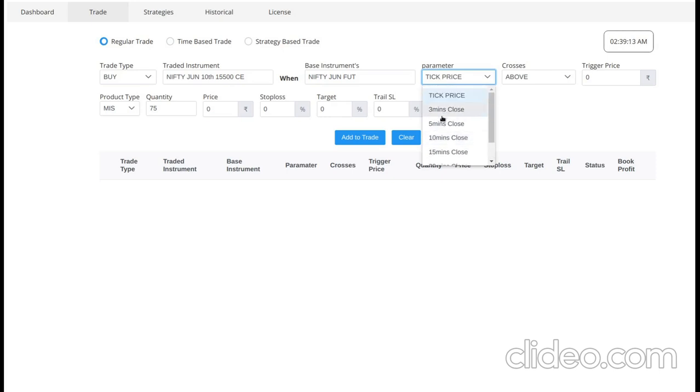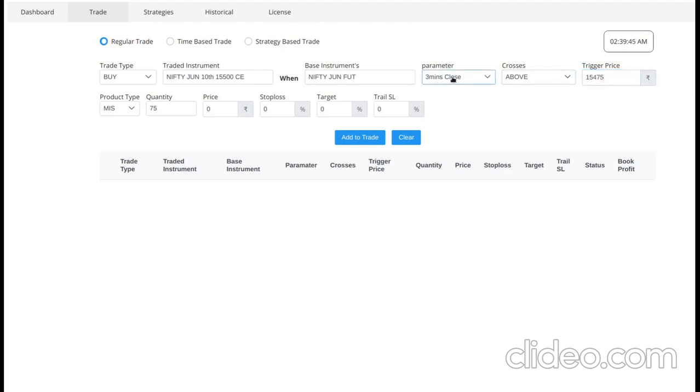Our software supports 3 minutes, 5 minutes, 10 minutes, 15 minutes, 30 minutes, and 1 hour. So this is for intraday trades. Once you have made a decision, say with 3 minutes, I will buy 15,500 CE when the Nifty June futures 3 minutes close is above, for example, 15,475.